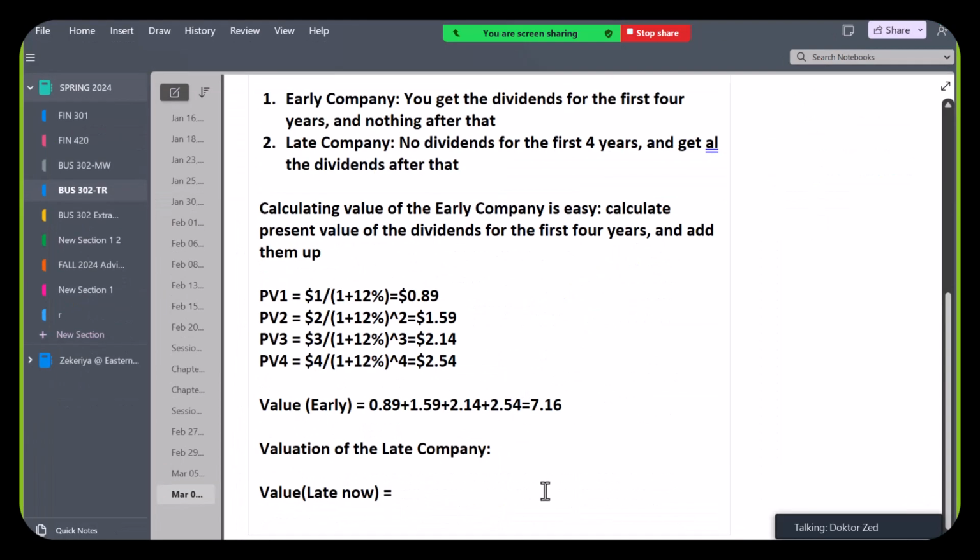So it's 4 years from now. As of that point, I'm looking at this late company. It's going to pay a certain dividend 1 year from then. Remember, I'm 4 years from now, so now is 2028, right? This late company is going to pay dividends next year.